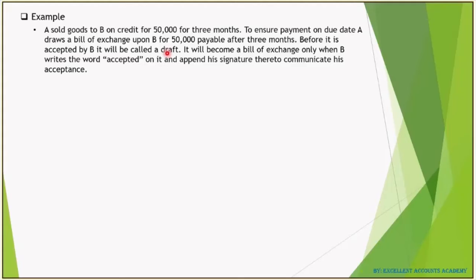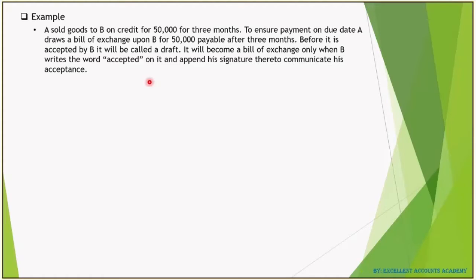As I said in my previous slide, in order to be legally called a bill of exchange, it must be accepted by the drawee. Till the time it is not accepted, it will be called a draft. It will become a bill of exchange only when B writes the word accepted and appends his signature there to communicate his acceptance. So the communication of his acceptance is very much required.